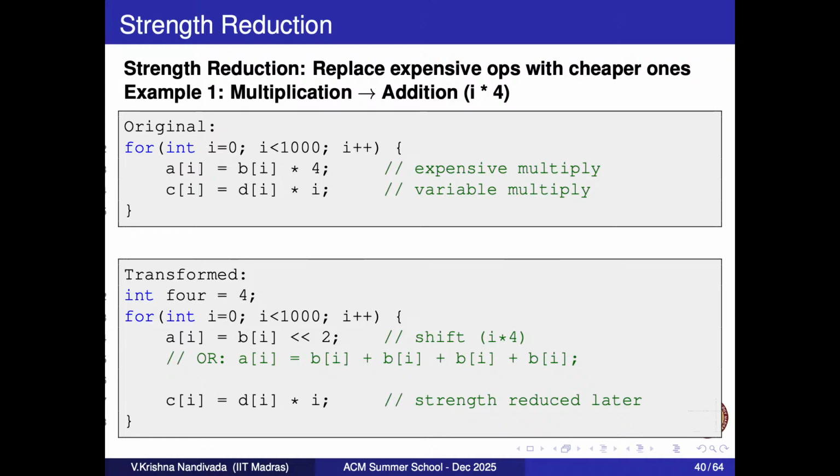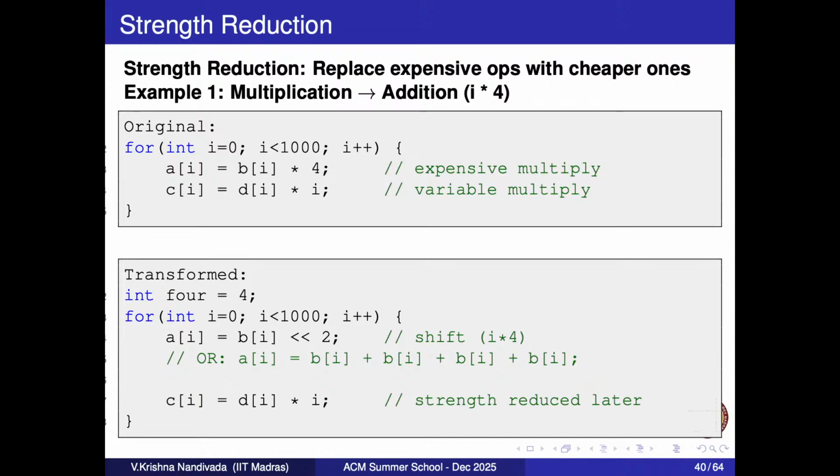Let's say I have code A sub I equal to B sub I times 4. That I can simply do with B sub I left shift 2. This is very simple strength reduction. Now if I have something like C sub I equal to D sub I times I, I could have also done A sub I equal to B sub I plus B sub I plus B sub I plus B sub I. That's also possible.